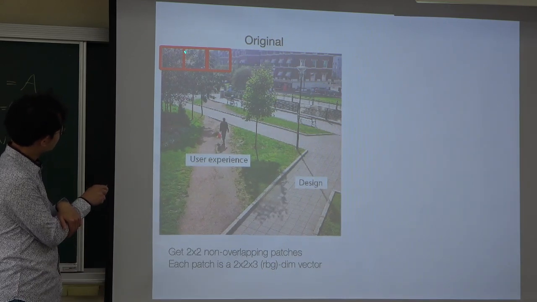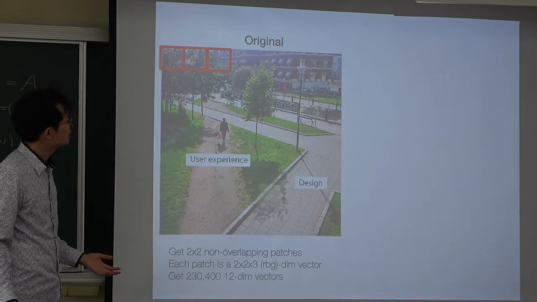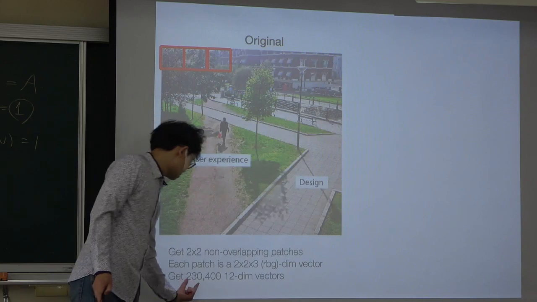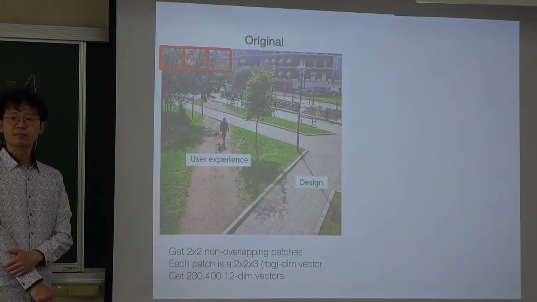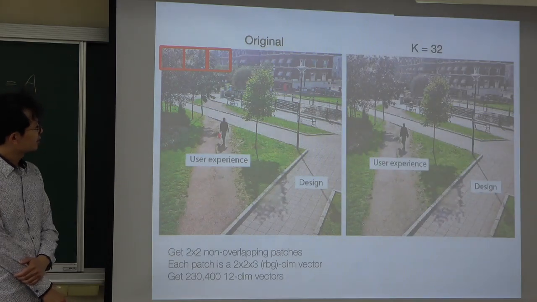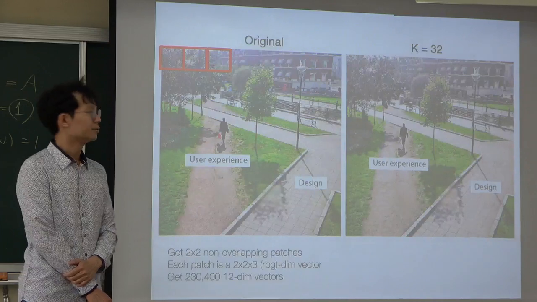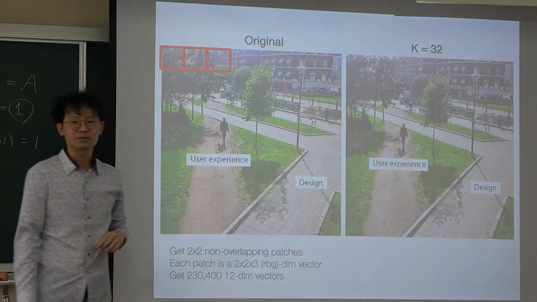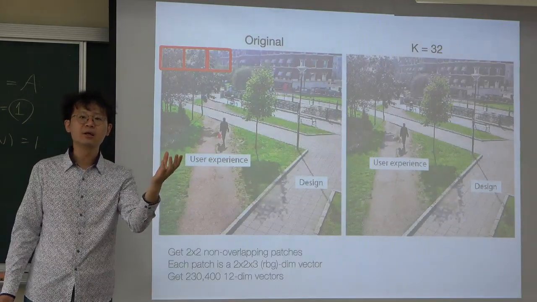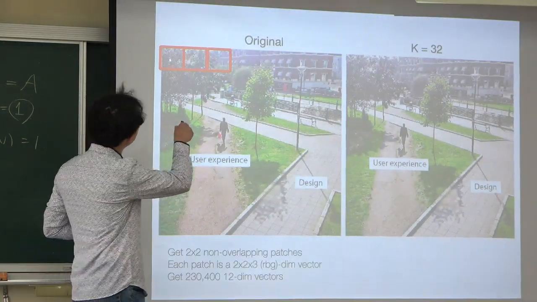So in the 12-dimensional Euclidean space, you get that many, 230,000 vectors. And what you do is, let's run k-means. Suppose k is 32, then you classify each patch into 32 clusters. And over each cluster, you use the center to replace each patch.